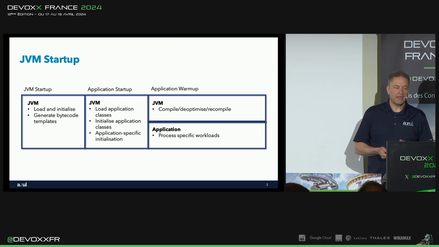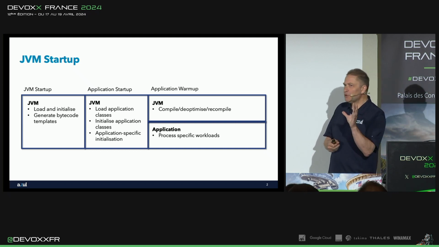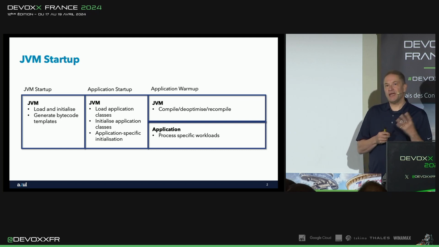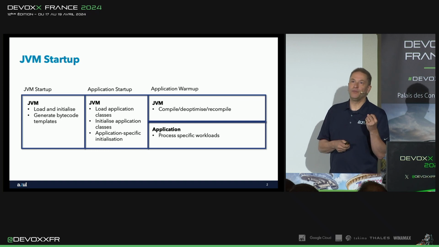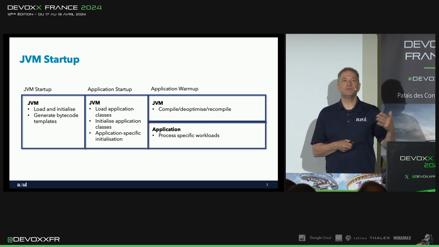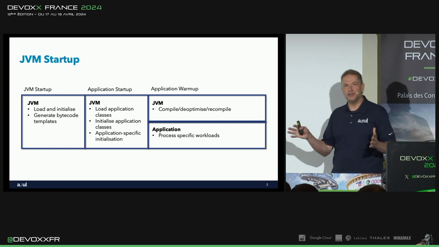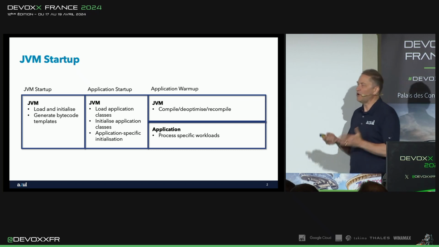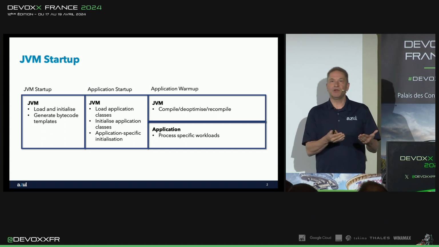The other thing that happens when you start up a JVM, which you may not be aware of, is that every time you start up the JVM, it will generate a set of templates for the bytecodes that are going to be executed as part of a Java or JVM-based application. I'm going to call it a Java application just to make my life simple. So it actually generates templates every time.